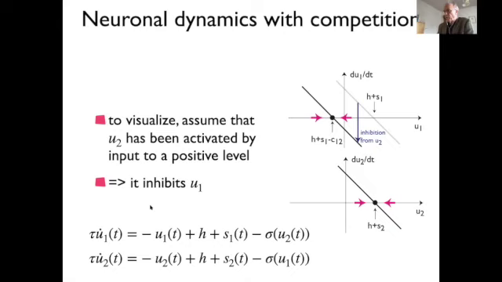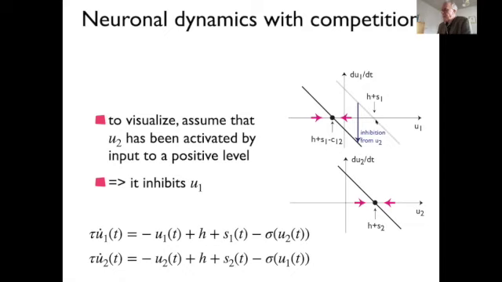So for instance, we could think of neuron number 2, or activation variable number 2, to be the input for the activation variable number 1, and just assume that U2 has some value. For instance, U2 has a value that is positive, so its sigmoid returns, let's say, the asymptotic value 1.